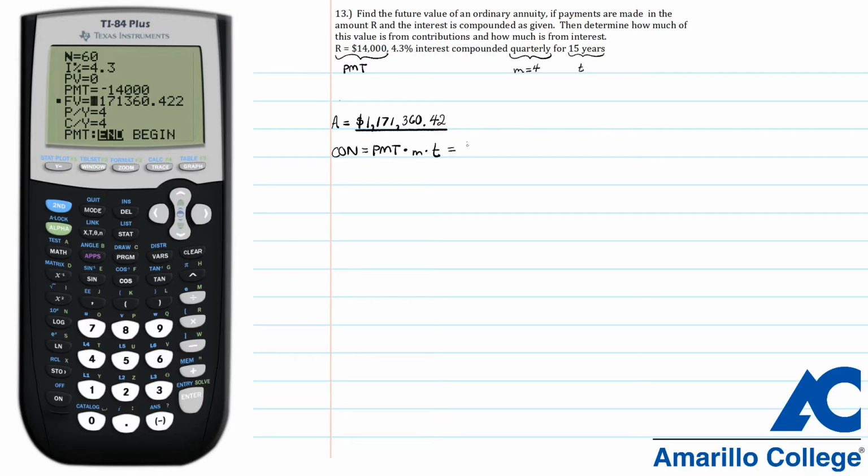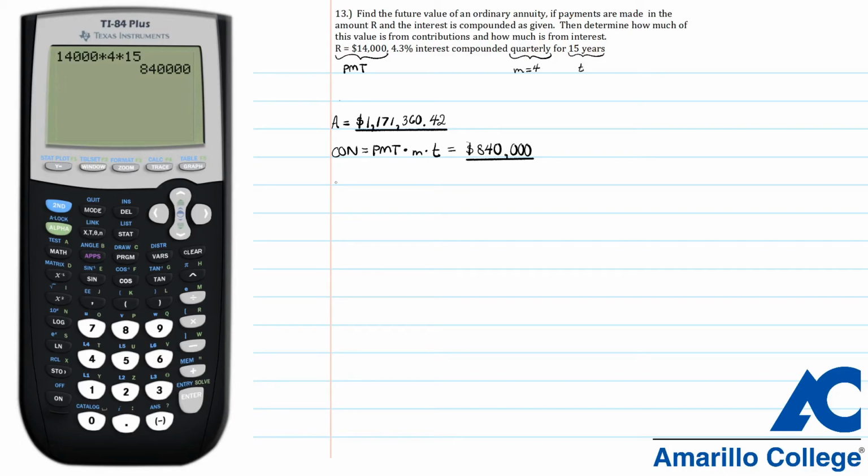This gives us 14,000. We can go over to the calculator and perform this. 14,000 for payment times M equals 4 times 15 for how long we had the loan tells us $840,000 is how much money we personally added to the account. Underline that answer because it's important.